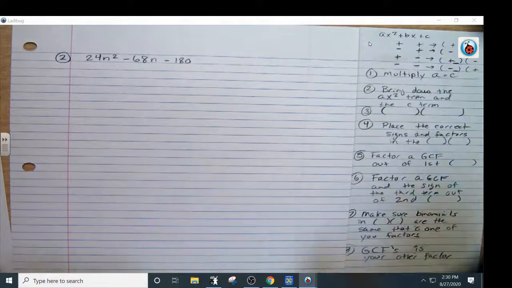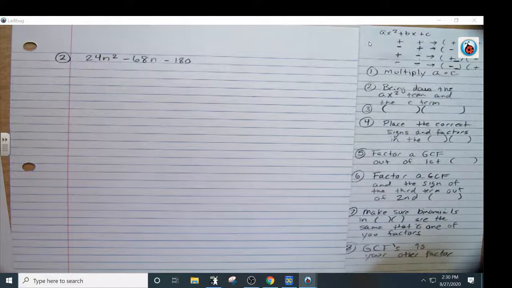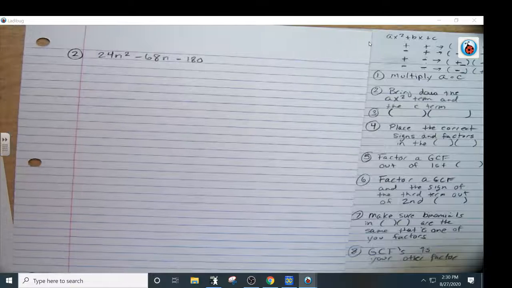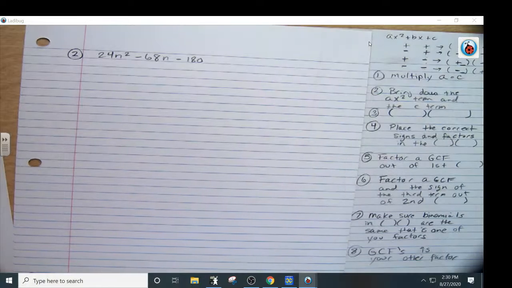Okay, so guys, let me show you something. All these are even numbers. Okay? All these are even numbers. So what do we know? What do we know all even numbers are divisible by? 2, right? Is 2 the biggest number that will go into these 3 numbers? It looks like it's going to be 4. Let's try 4.